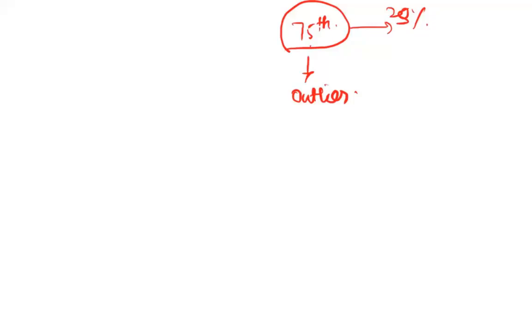Just because a number is way more than another number does not mean that it will become an outlier. If your value at Q1 and Q3, if you think it is an outlier, then your definition for outlier needs to change. Because if your value at Q3 is an outlier, then all the points beyond it are outliers, and there are 25% of points that are beyond it. So you can't say that 25% of my data is outlier data points. The purpose of calling something an outlier means that it has to be rare. It's not common. If it was common, it would not be an outlier.